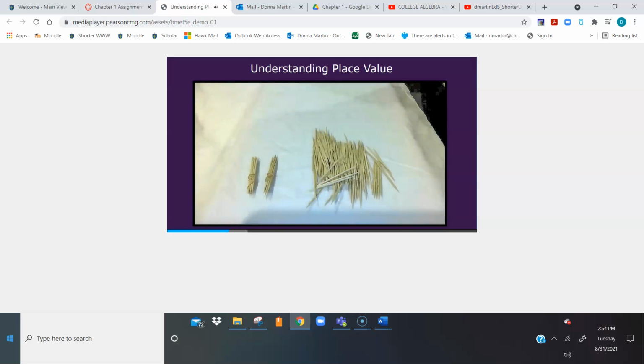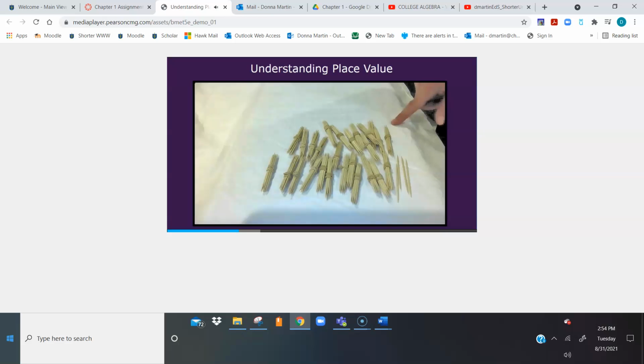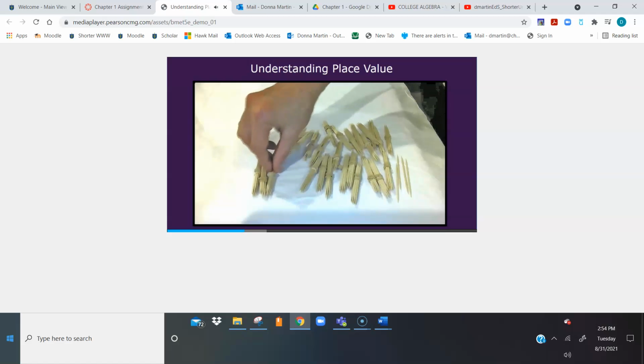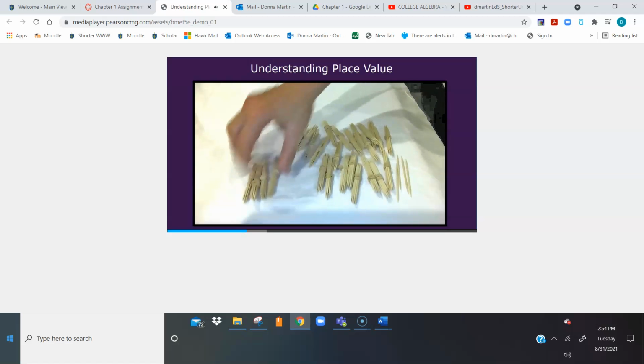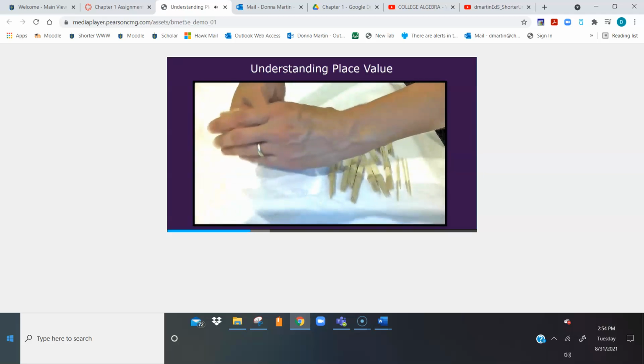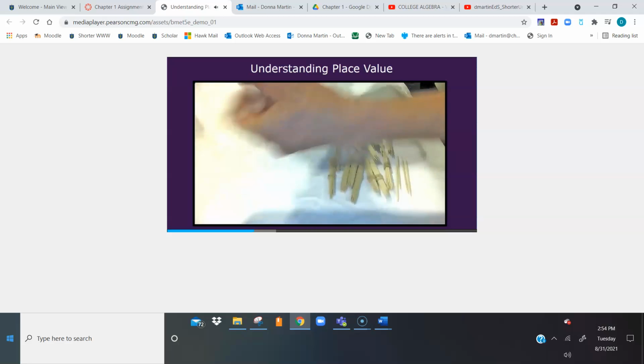Okay, you get the idea. I can keep bundling in groups of 10 like that. Okay, so now I have a whole bunch of bundles of 10 and 4 more individual toothpicks. But I could keep going with bundling because I could bundle up 10 of these 10s. And every time I have 10 10s, I can make a bundle of 100.